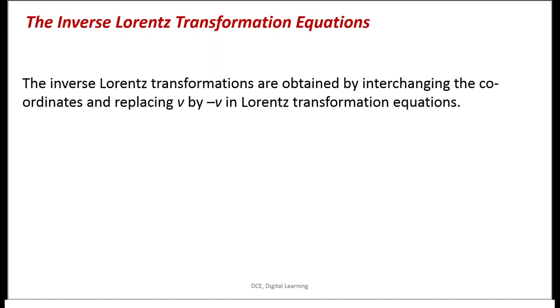The inverse Lorentz transformation equations are obtained by interchanging the coordinates, x prime to x, and replacing v by minus v in the Lorentz transformation equations.